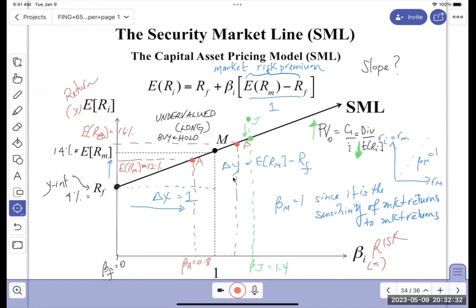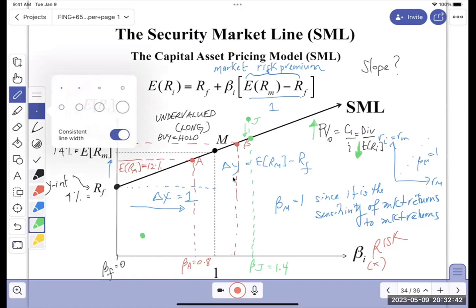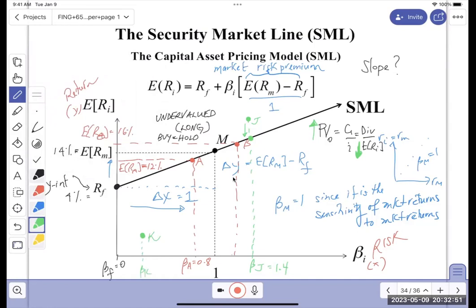What about below the line? I have a lot of stuff on this slide. What if we're here, and beta K is like 0.3 or something.